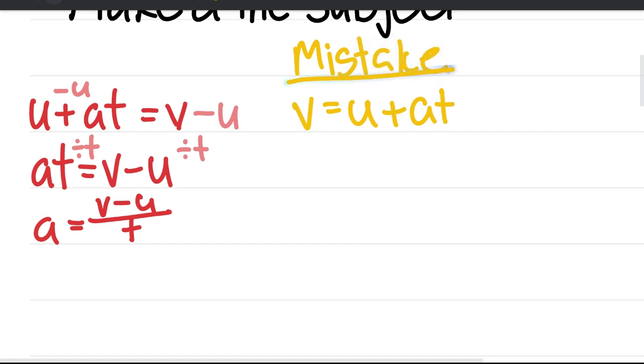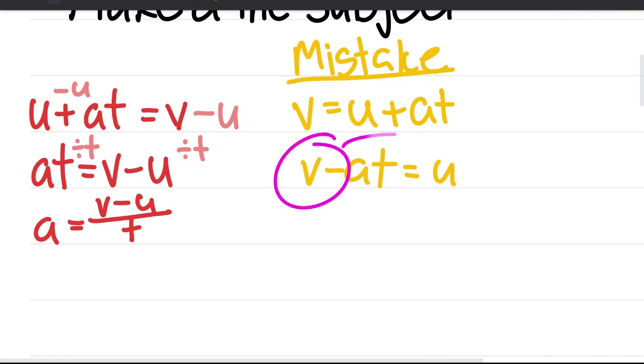A lot of you guys waste time by putting the AT at the front. So it will be V minus AT equals U. Then you have to put the V to the back.